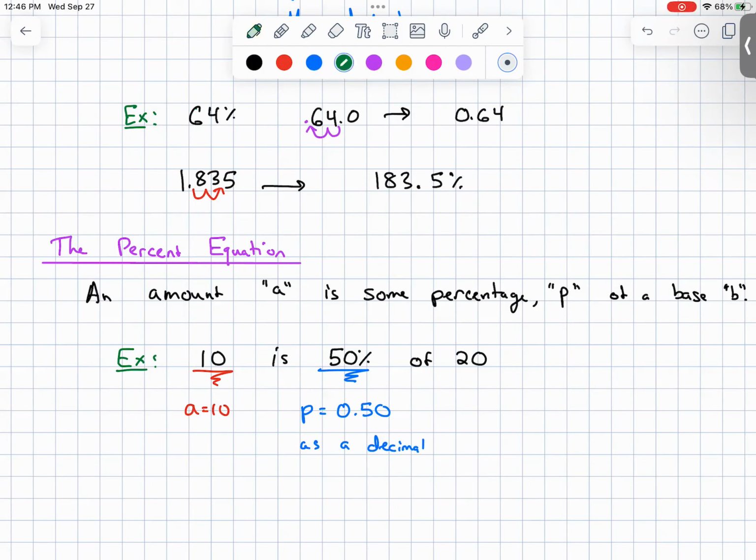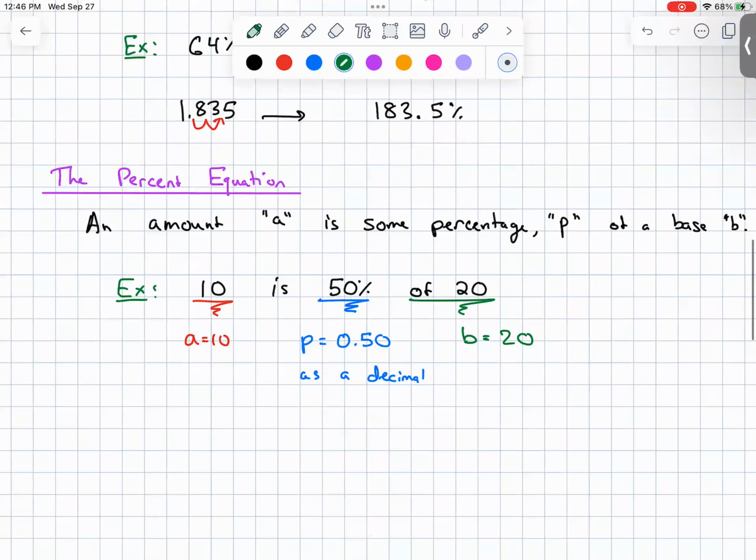And then 20 is our base B. You typically see this as blank is this percentage of base B. So when we see this, we see A is P% of B.